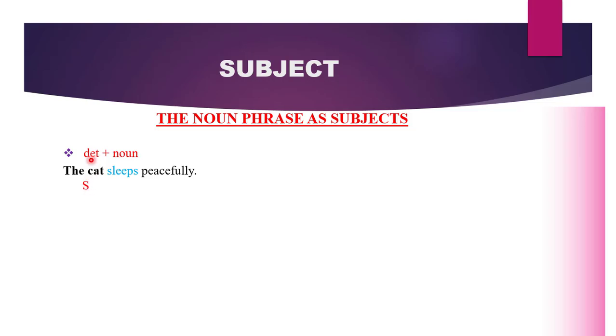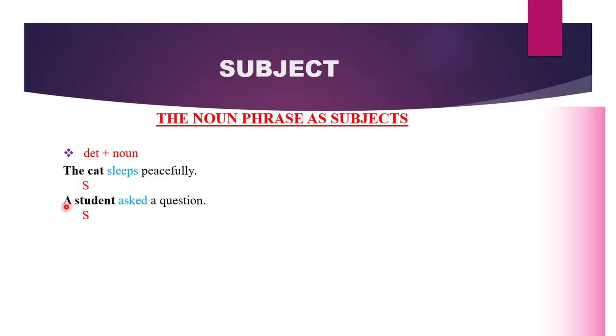If you have a determiner and a noun, do not underline only the noun and say that it is your subject. If both occur together, they are functioning together as the subject. And you can replace it with a pronoun. You can say, it sleeps peacefully.